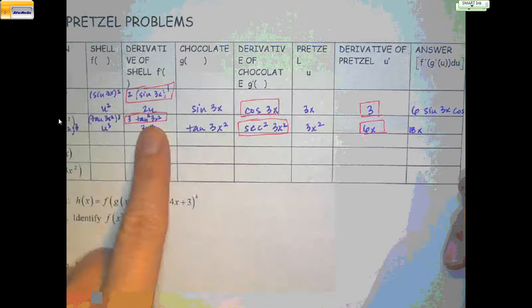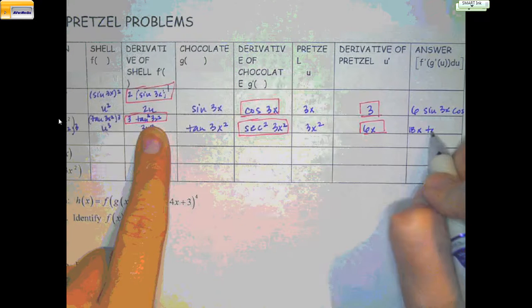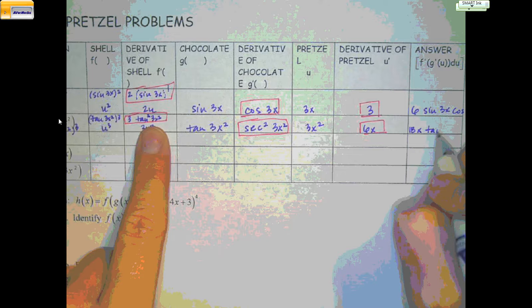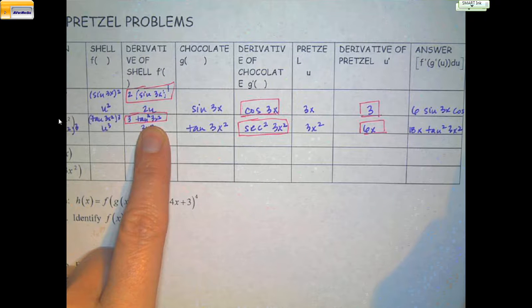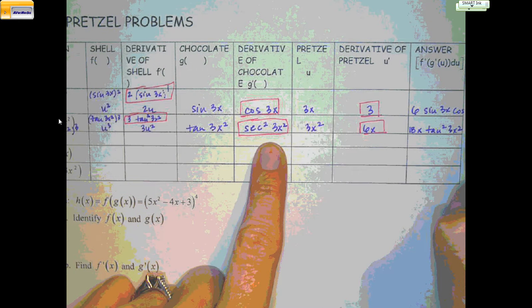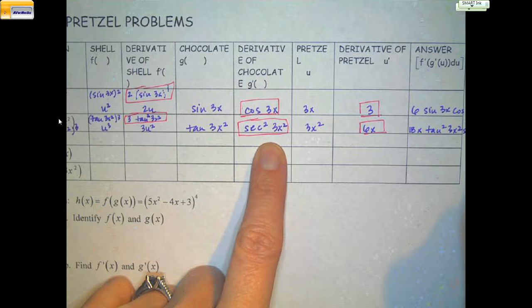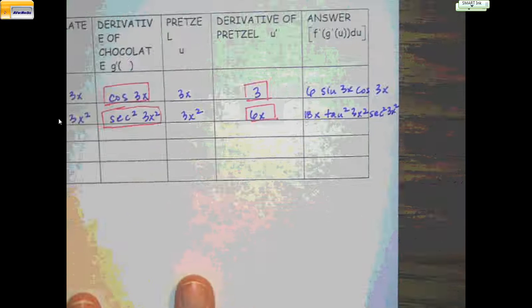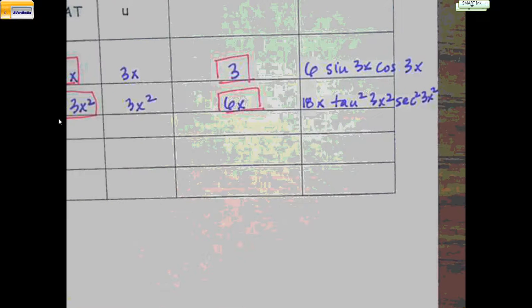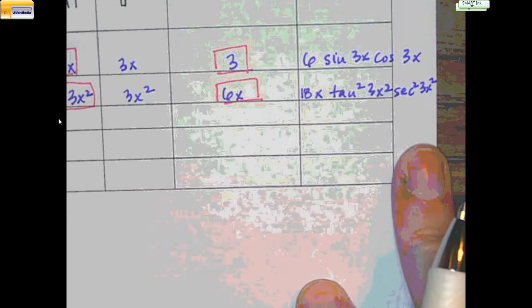And then I've got tangent squared 3x squared, and I have secant squared 3x squared. My pen is too wide to kind of fit all that in, sorry. I'll zoom in. Any questions on the second row? Everybody okay?